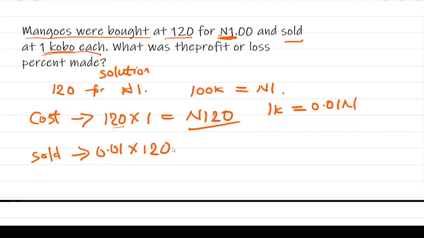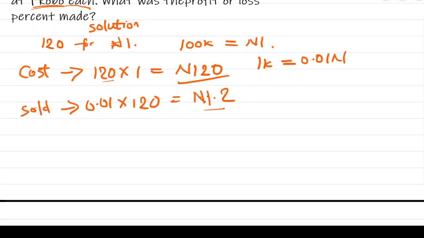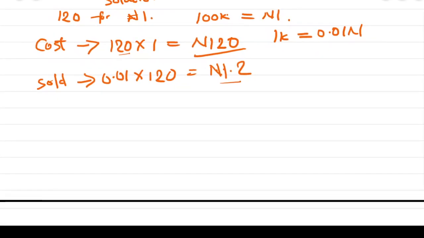We have to shift the point 2 places. Therefore you sold it at 1.2 naira. So you bought it at 120 naira and you sold it at 1.2 naira. So you actually made a huge loss here. The loss is so huge.